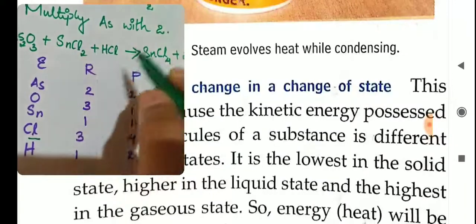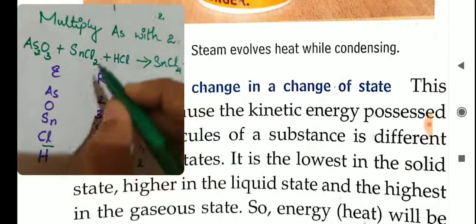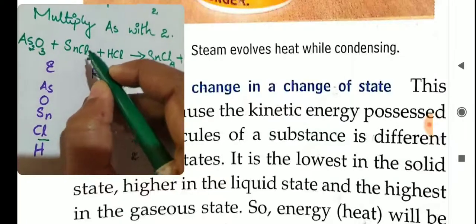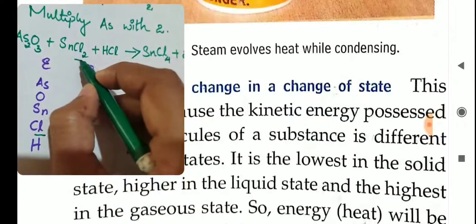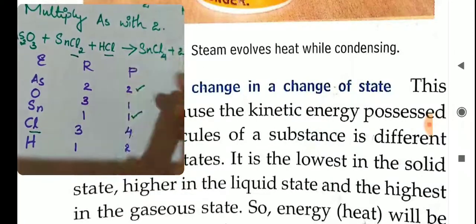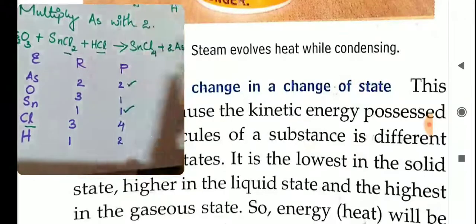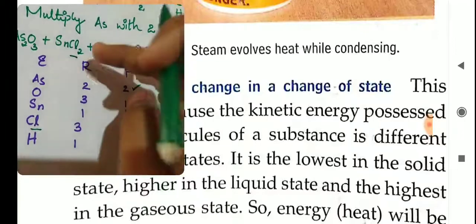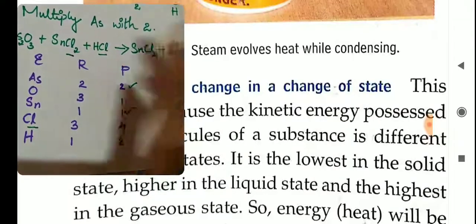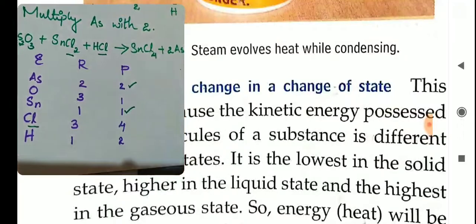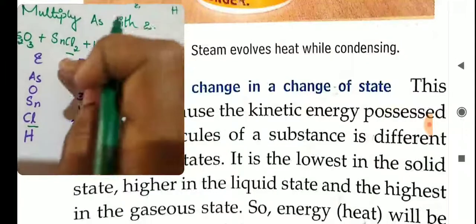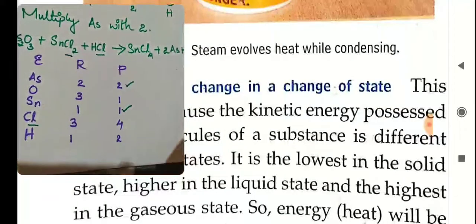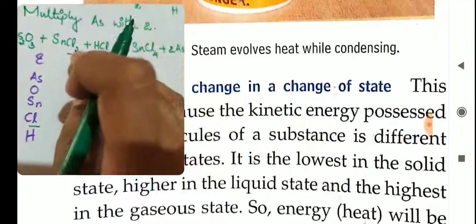So see here, in the reactant side, chlorine is present in more than one place, one in SnCl2 and another in HCl. If we balance one, all the other atoms will get disturbed. So in such cases, what we will do is balance that element at the last.